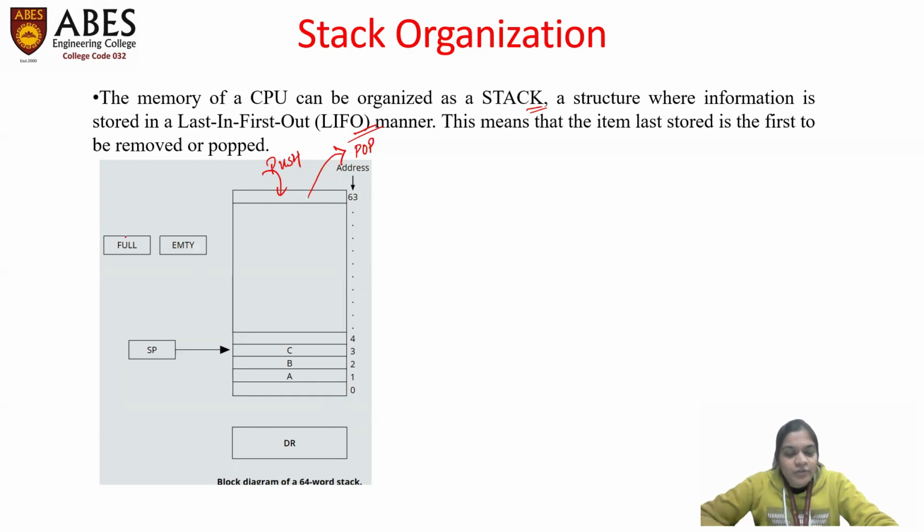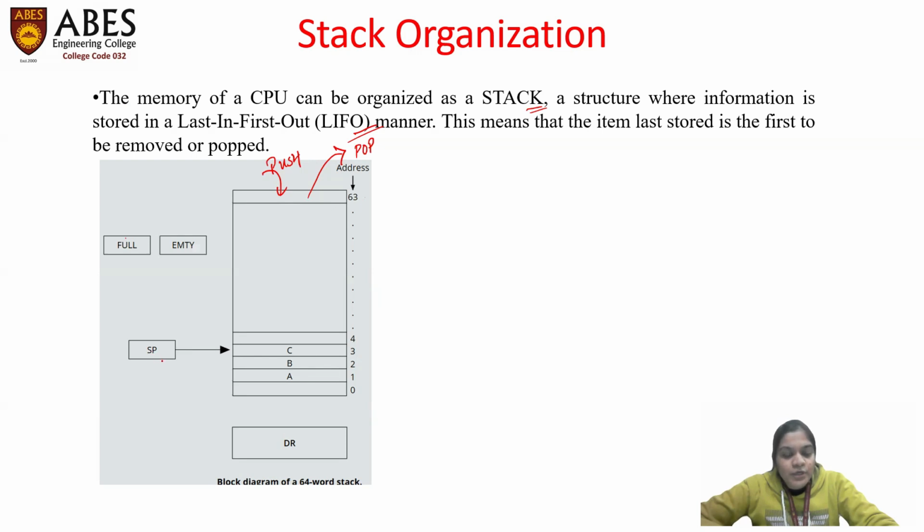Then we have two flag pointers, full and empty, which denote whether the stack is available for data input or not. We have a special counter for locating the location of the register stack of our CPU, which is termed as the stack pointer. So over here, SP is the abbreviation for the term stack pointer.